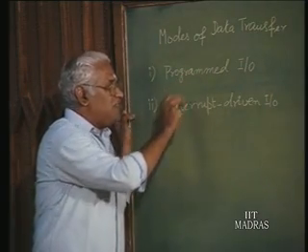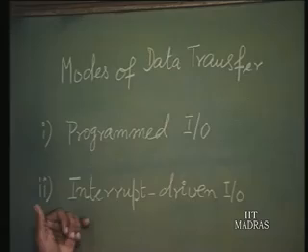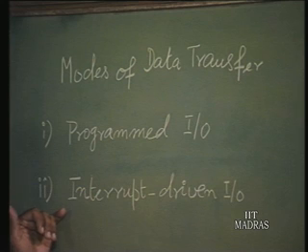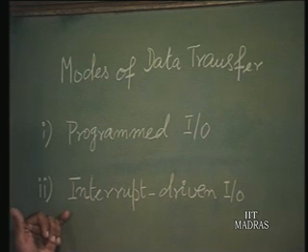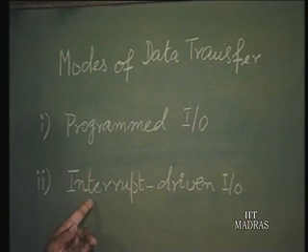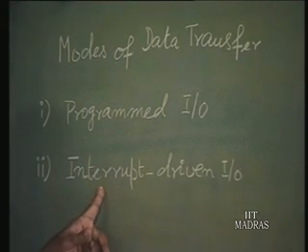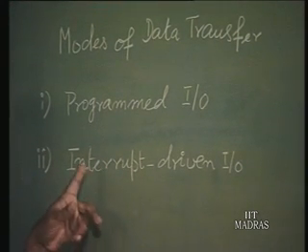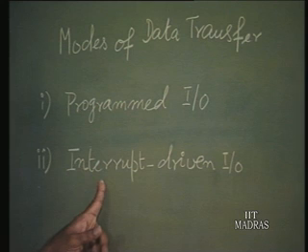So, we moved on to the second one, in which checking whether the device is ready is not left to the CPU, but as soon as the device is ready, it will indicate to the CPU that it is ready by generating what is known as an interrupt signal.